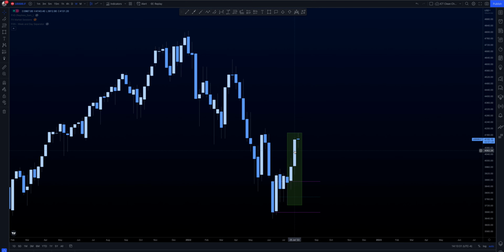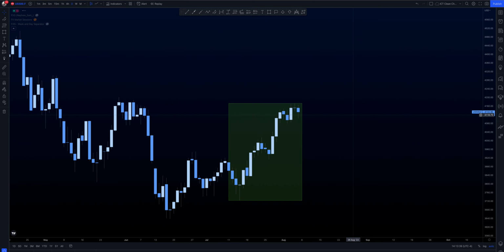If the weekly time frame is the higher time frame, the subordinate time frame, the time frame below, would be the daily time frame. If I go down to the daily time frame, now you can see that we've got more information here, more data, more price action.